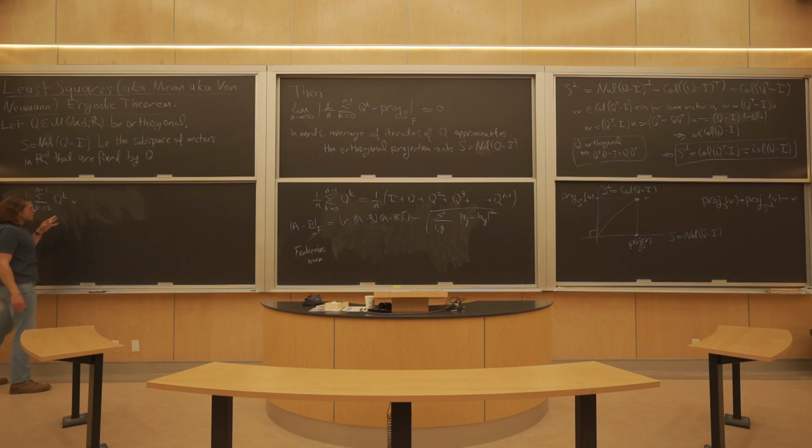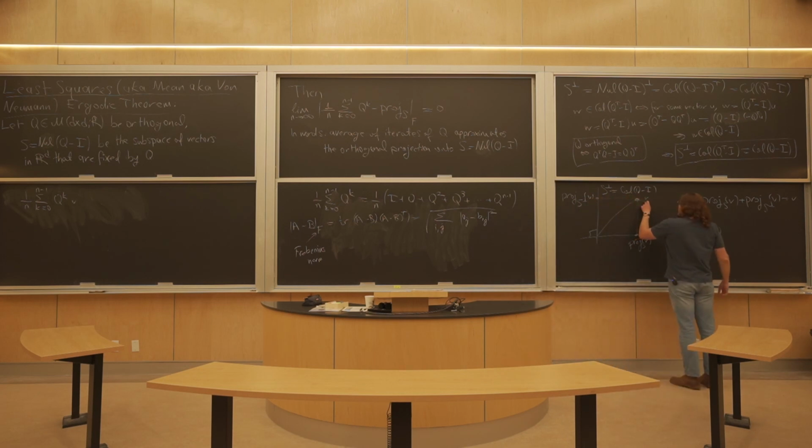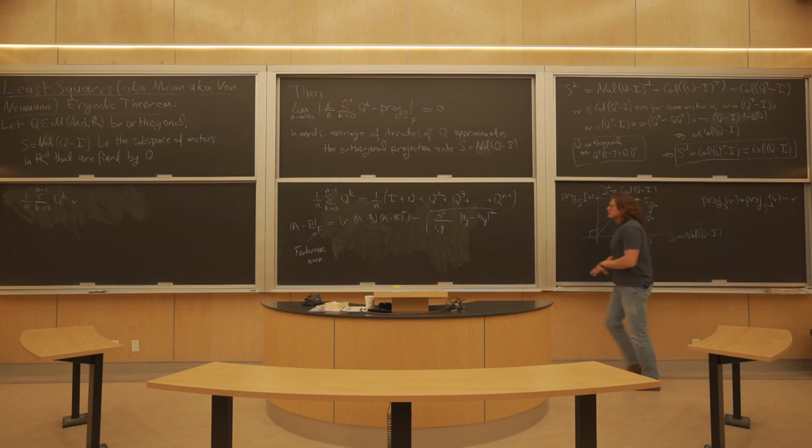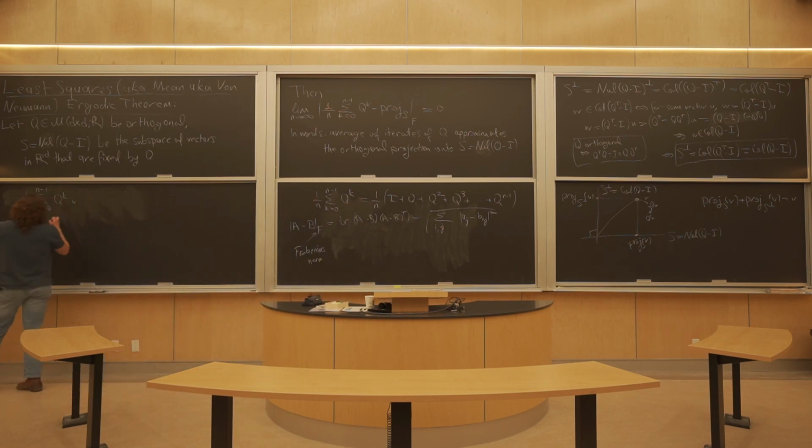I can think of iterating the matrix, or I can think of it as starting with a vector V and then I keep applying Q to it. Then it goes to places, and I add all of these, and the average gives me a vector. This is the same thing as this.